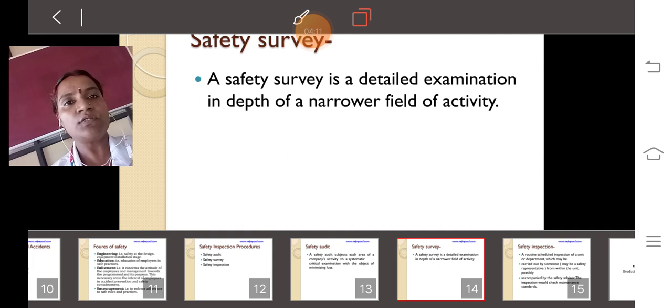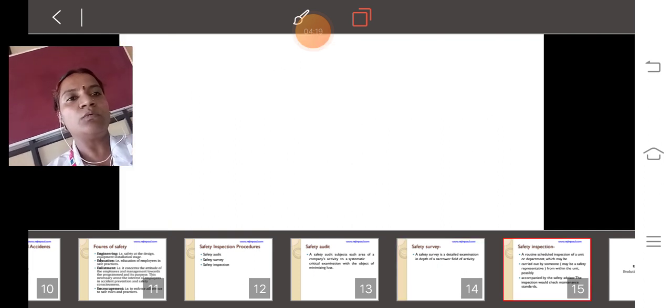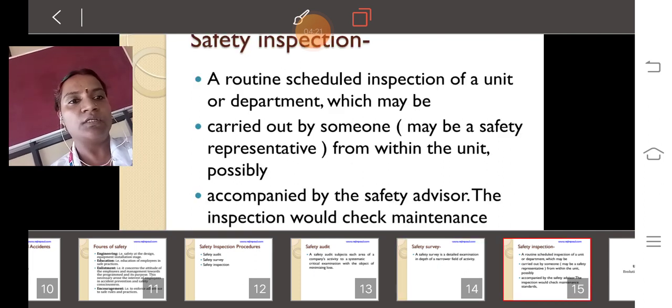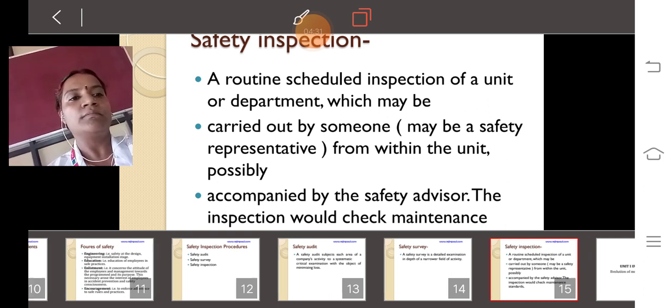So from those injuries, how we are going to protect ourselves, that is discussed in safety survey. And the third one is safety inspection. Safety inspection is a routine scheduled inspection of a unit or department.